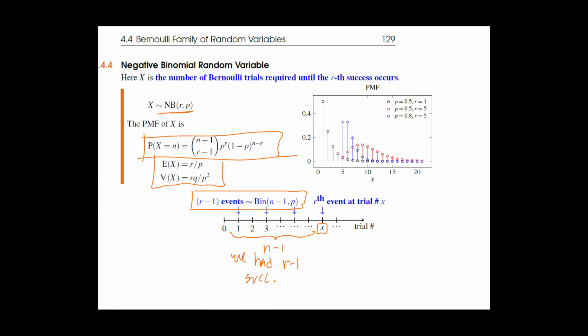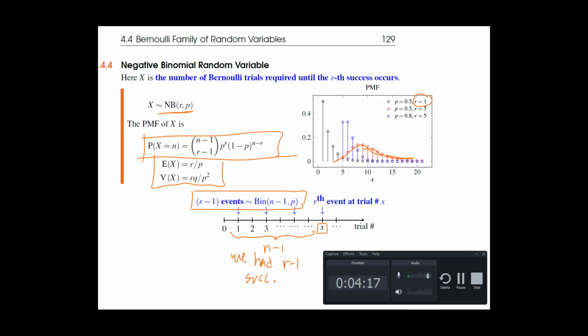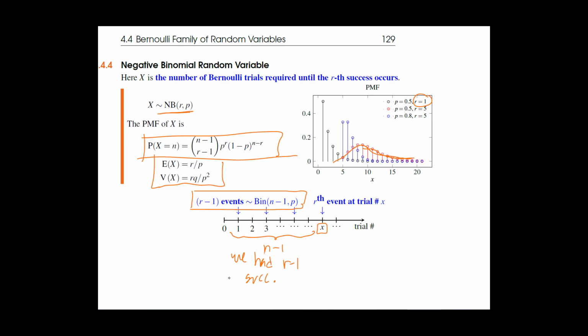Here you see some typical shapes for the negative binomial. r equals 1 here means just the geometric random variable. But for larger r, let's say 5, you would get the red one, which is more like a bell shape. That's all we're going to say about the negative binomial distribution.